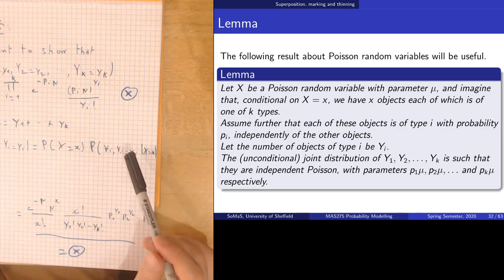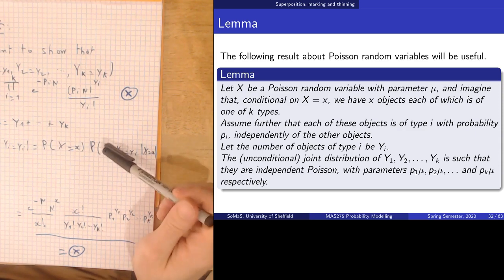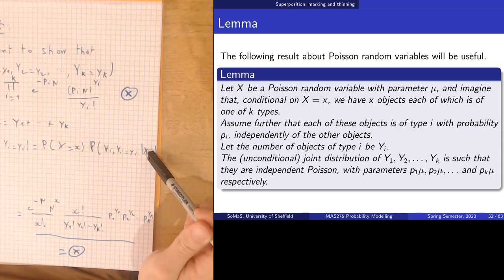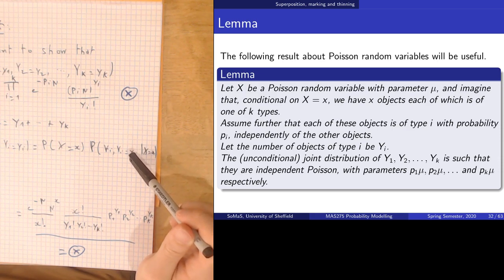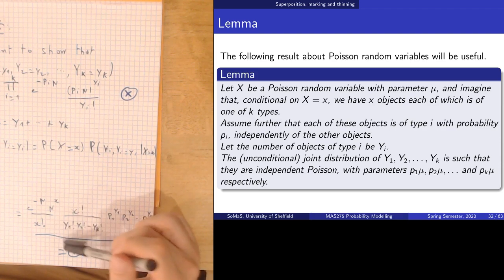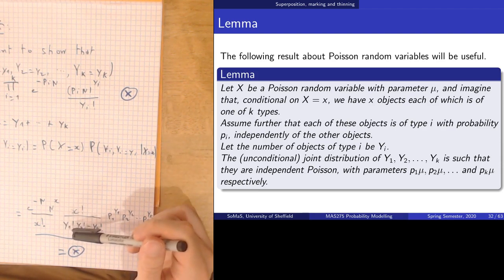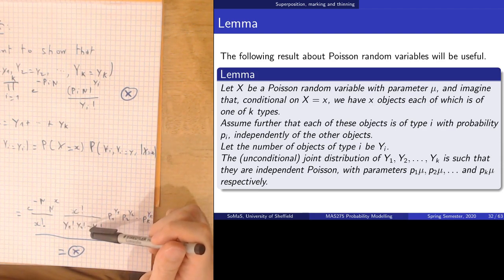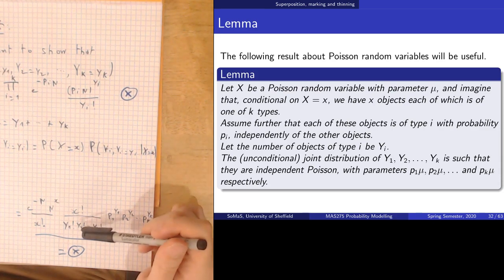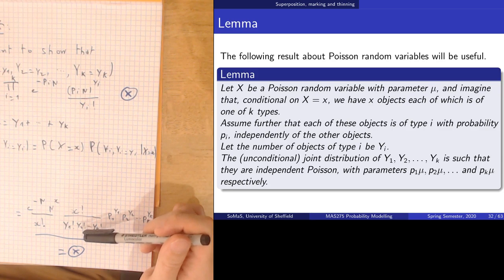Okay, so why is the number of ways of splitting x into k subgroups with sizes yi equal to this? Well, you know it when k equals 2, right? This is the number of combinations.